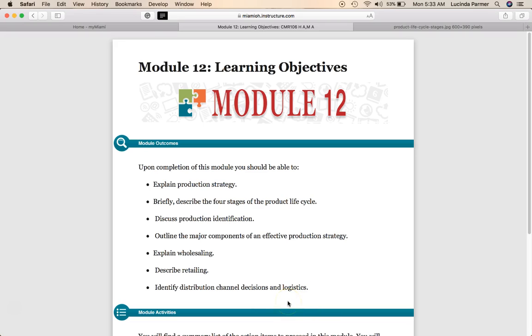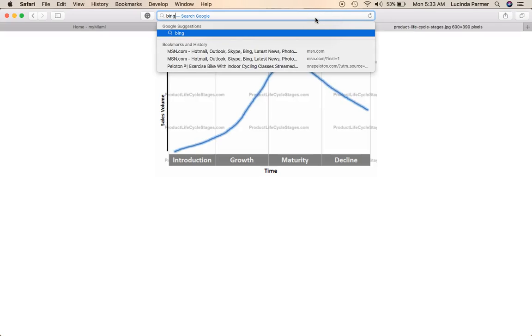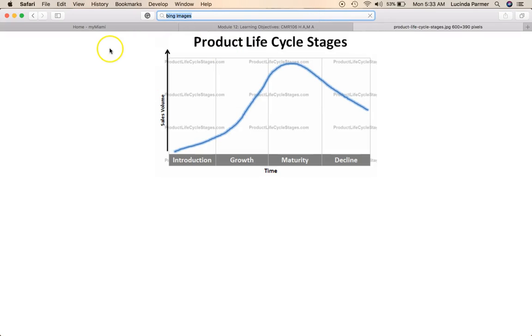How are products moved across the country or the world? Sometimes they're flown from country to country in the air by airplane. Sometimes they're moved on the ground by transfer trucks. Sometimes they're shipped. Let me show you. I'll show you on Bing images.